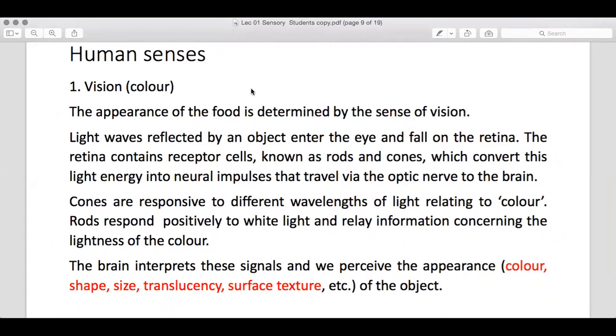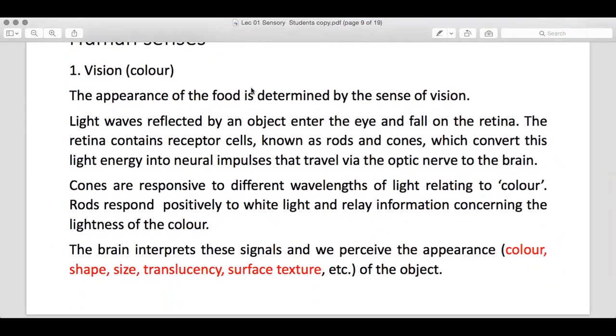We have 5 senses. The first one is vision. How does it work? There is an object, and light waves, sunlight, come onto its surface and are reflected by the object and enter the eye.